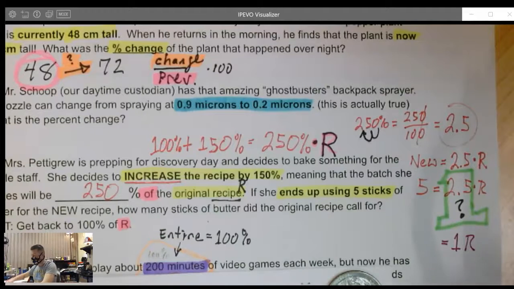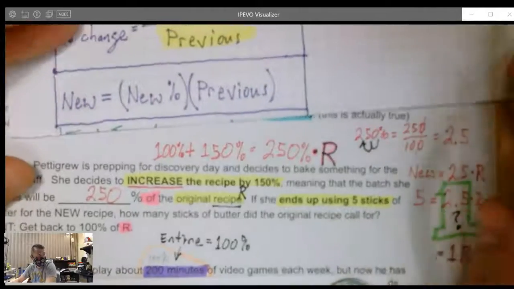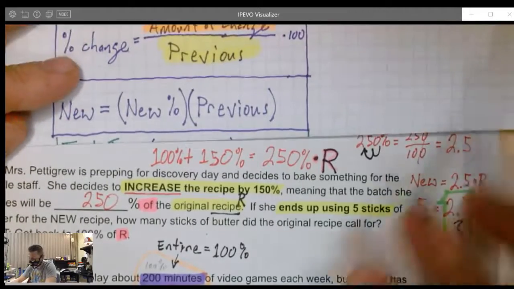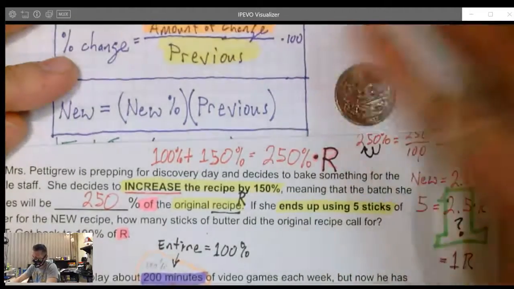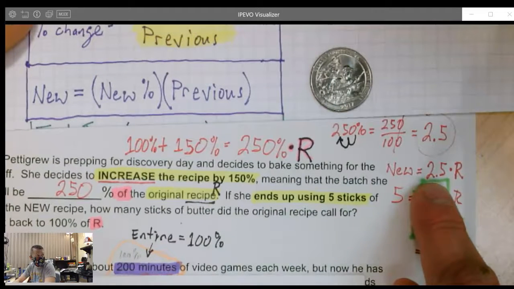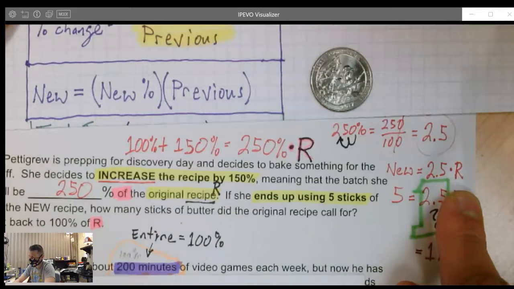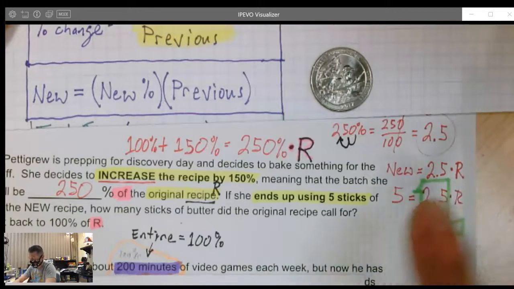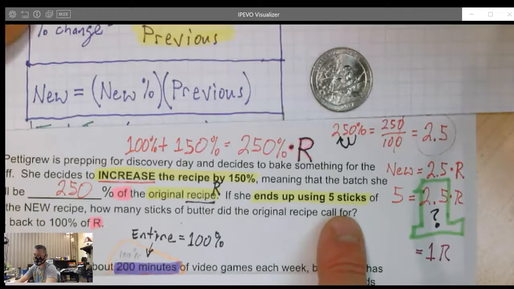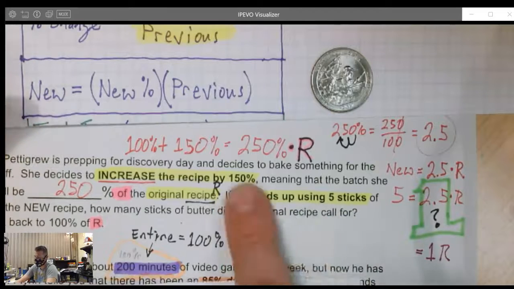So if you go back to our formulas, the new formula, quote unquote, is the new amount will equal the new percent times the previous. Remember, we don't actually use the percent sign, times the previous or the original. If she uses 5 sticks, is that the new or the old? What's new? It's what she did use when she increased the recipe.